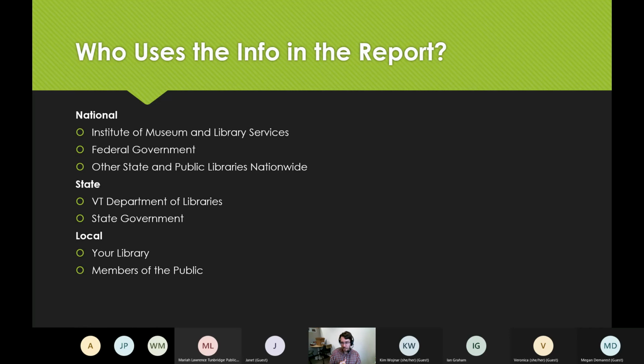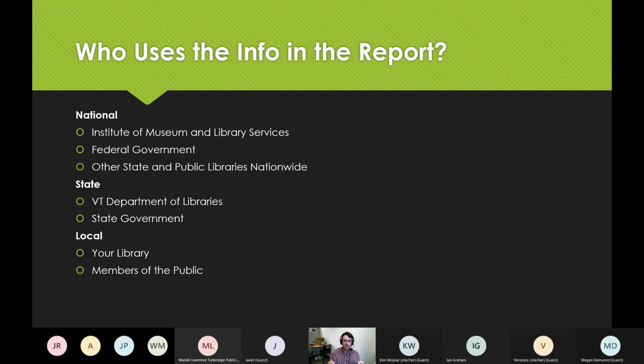So what happens with the report data afterwards? I'll talk much later on about the process of how this all works, where the data goes, etc. But who uses the data? First off, at the federal level, IMLS and the federal government use the data to analyze what public libraries do, what they're accomplishing, how things are working, what's new and otherwise.